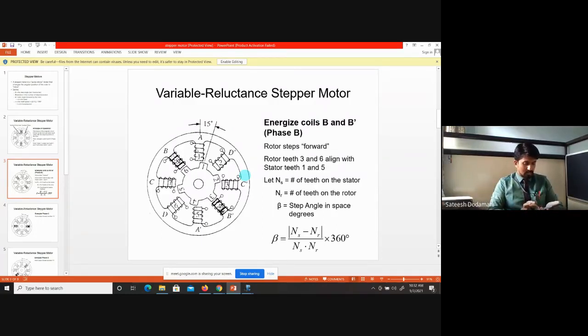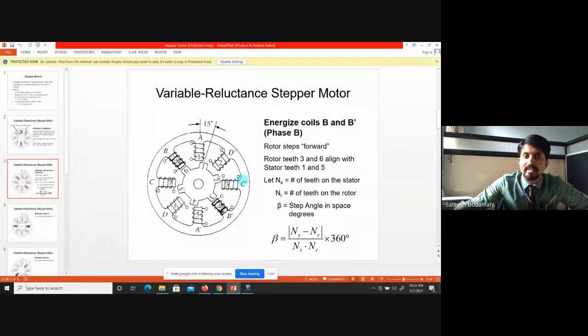So 2 divided by 48 into 360 is 15 degrees. Each time one pulse is given to this winding, that winding will energize and attract the rotor, and the rotor moves only 15 degrees. If you want less than that, you have to make some other arrangement, that is, energize two coils at a time.